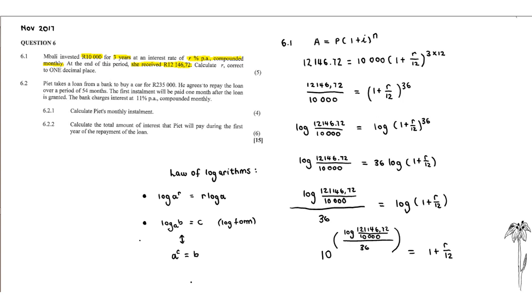So what did we do? If you look at it over here, you've got base 10, and the log is the exponent, so the left hand side became your exponent, equal to the value of b. So that's the theory that I applied on this side. Hope that makes sense.